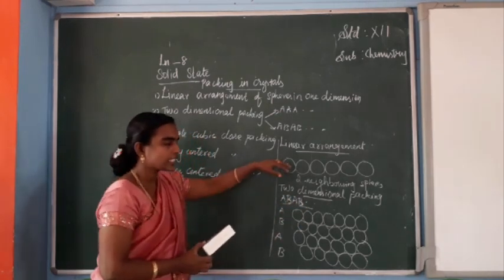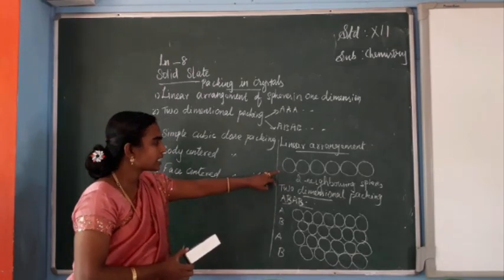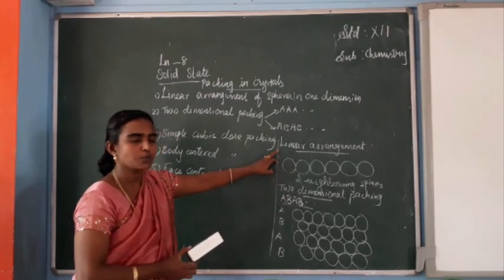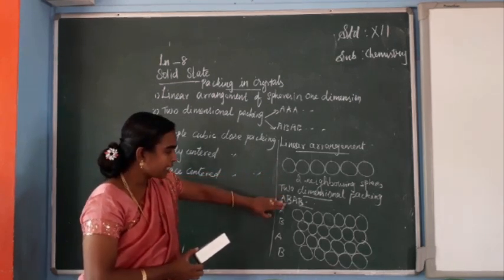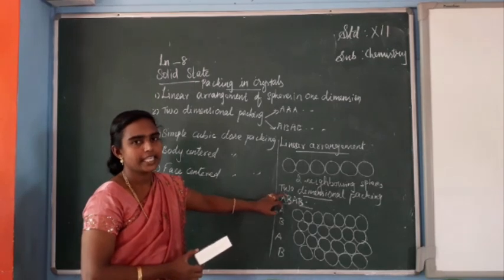If the layers are repeated in the same way as the linear arrangement of spheres in one dimension, it is called AAA type.